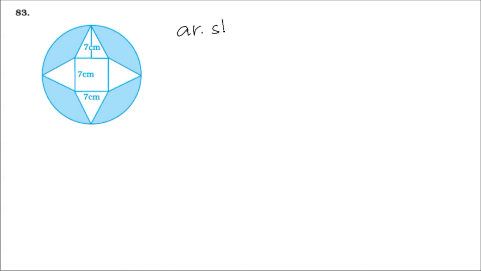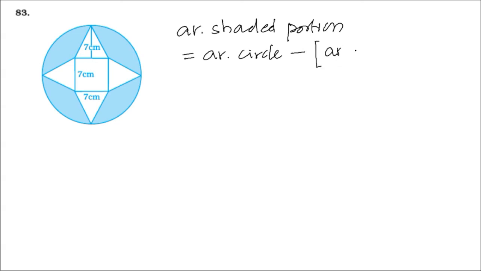So area of shaded portion is same as area of circle minus area of 4 triangles and 1 square. If this area is removed from the area of circle, we will be getting area of the shaded portion.